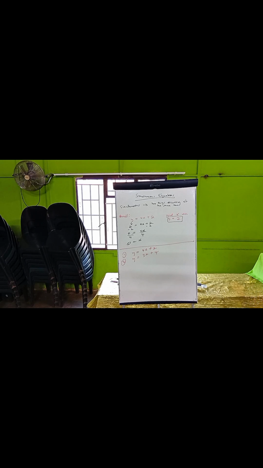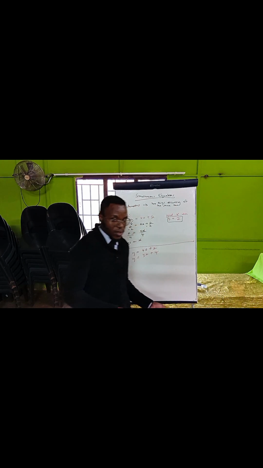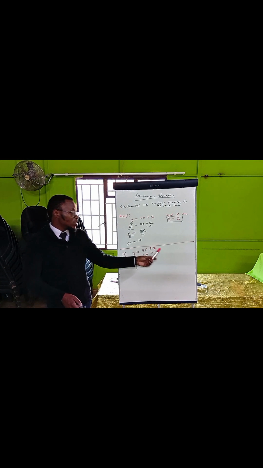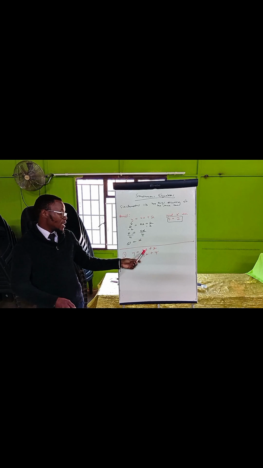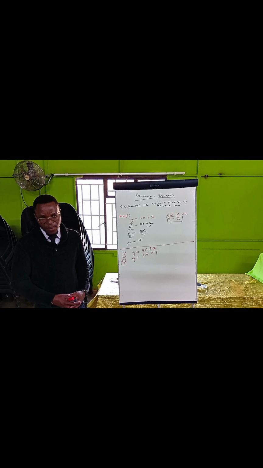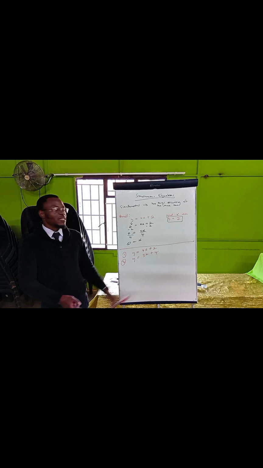Normally they will ask you to solve these simultaneous equations. What this basically means is that you find a solution of x and y that when substituted into the second equation, you still have the same values. In other words, what is the solution that is equivalent in equation 1 and equation 2?